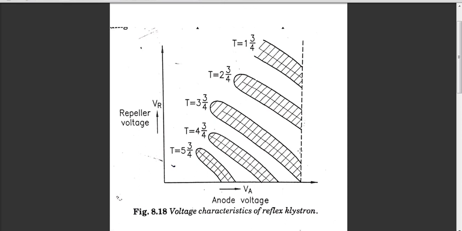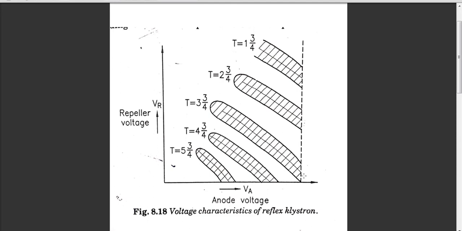As a result of this, the modes corresponding to n equals 2 or n equals 3, this is the mode corresponding to n equals 2, and this is the mode corresponding to n equals 3, are widely used.